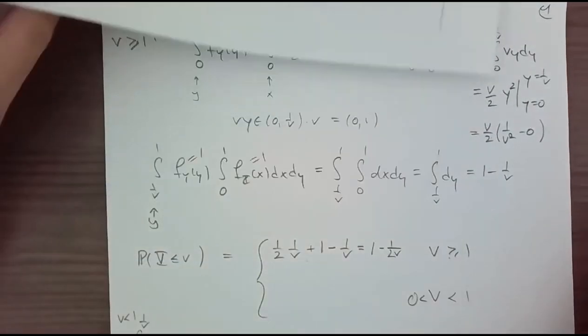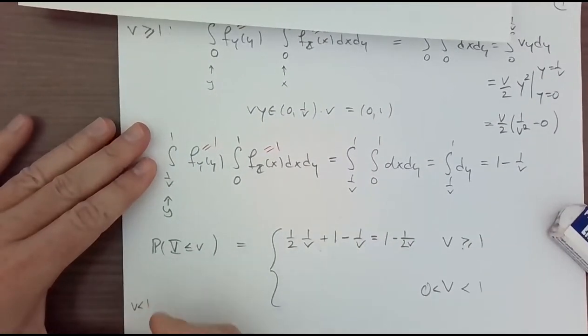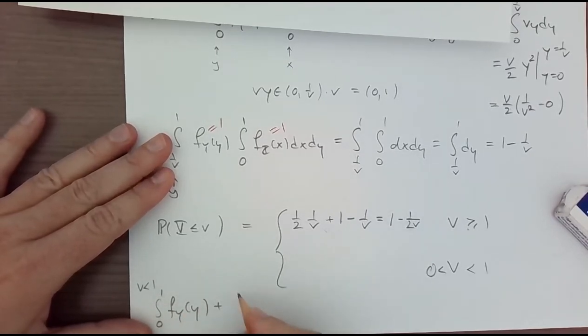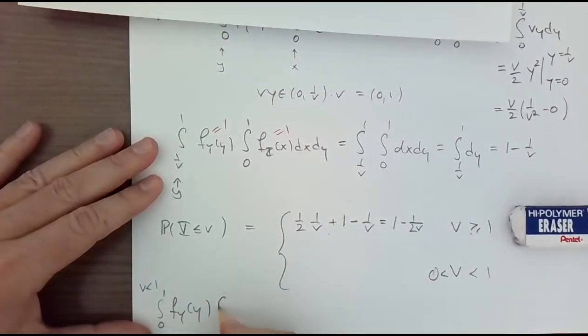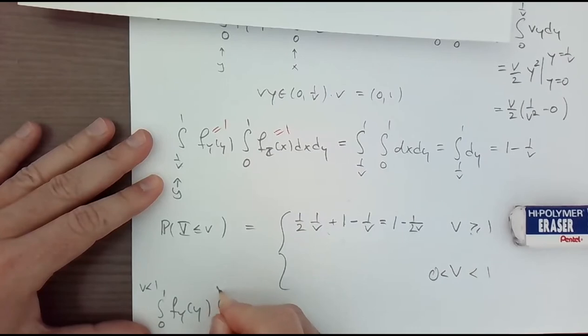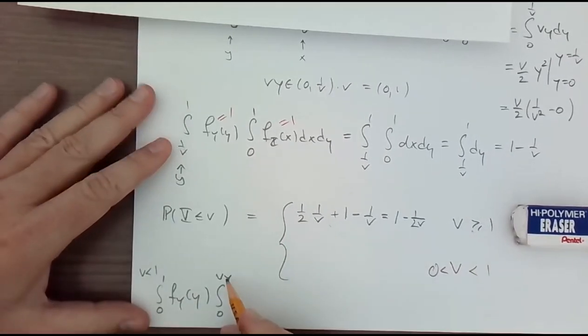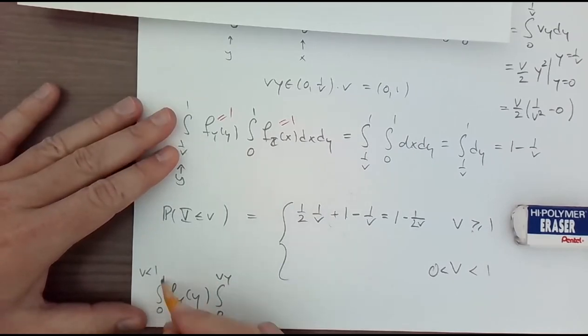I think I want 1. 0 to 1 of f of y. And then the next integral will be from 0 to vy. And let's just check, where is this number here? Well, when y is between 0 and 1, and v is less than 1, this here is between 0 and 1. So that's good.